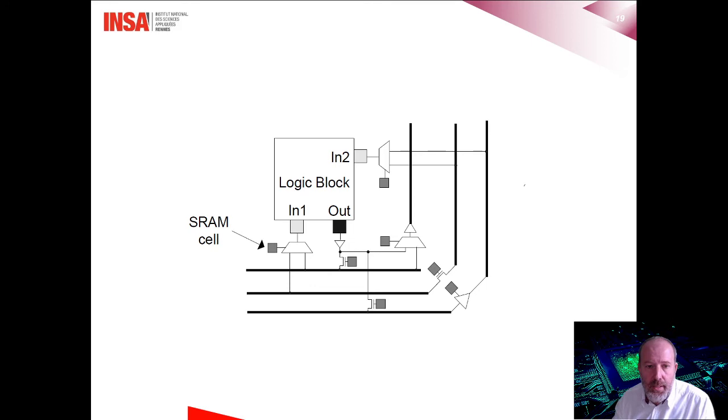The interconnect is made by metal tracks. These tracks are also arranged in rows and columns, as you may see here. At the intersection of a row and column, there's a transistor, which can also be programmed. So basically, if the transistor is considered to be on, a connection is made. If it's blocked, the connection is not made.